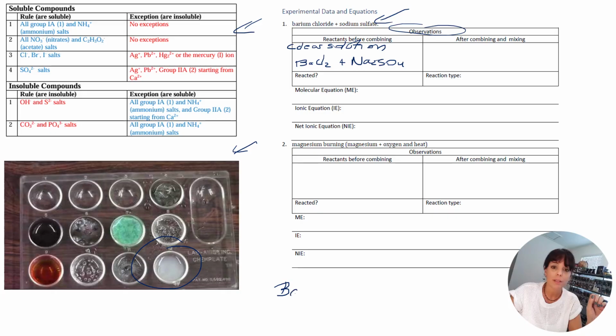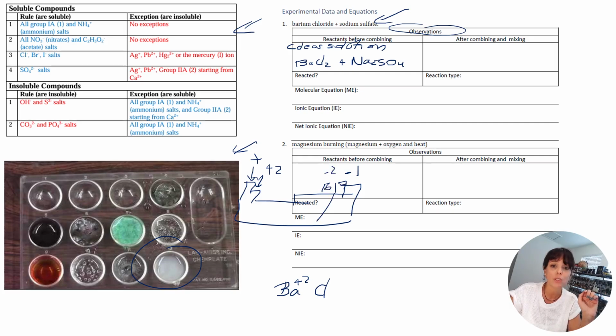So I have barium, which is in group 2. All the elements in group 1 will have a charge of +1, and group 2 has a charge of +2. So barium in group 2 is +2. And I have chloride, the chloride ion, in group 17. So group 17 is -1, group 16 is -2, and so on.